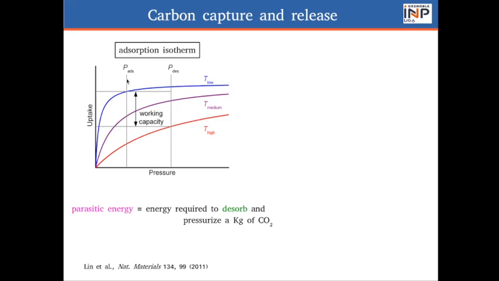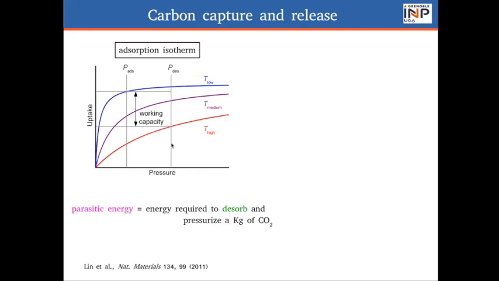Then you induce a temperature swing, so you heat your material, and this is the adsorption isotherm at higher temperature. The difference between the adsorption at low temperature and the adsorption at high temperature is called the working capacity, and it gives how much gas you can effectively capture at each cycle. Of course, what you want is that the working capacity is very large.